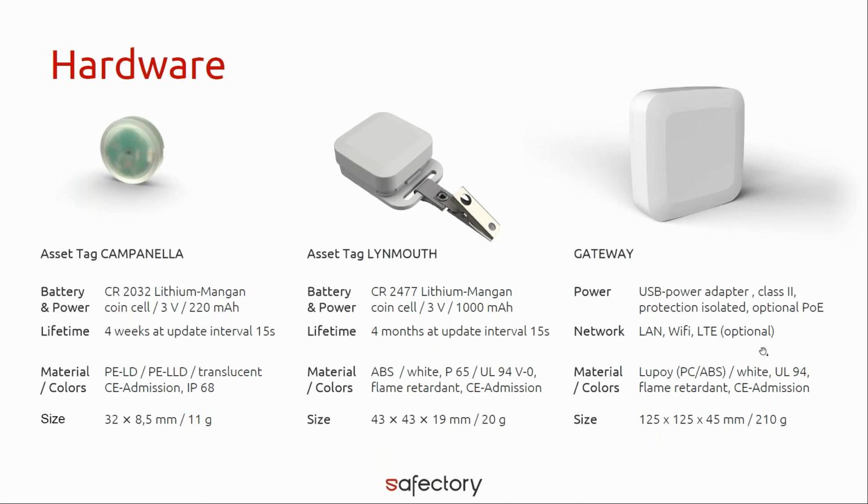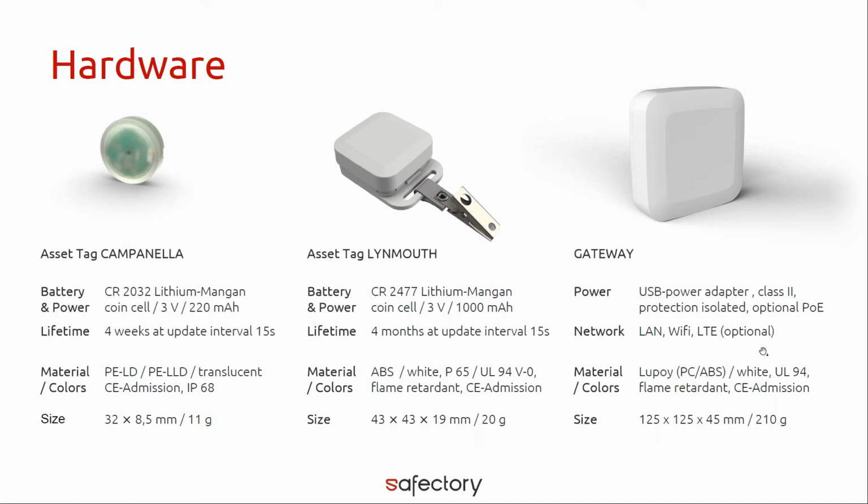The device we can see in the middle is called Linmuth, and it's a larger version of the tracking tag. It has a larger battery, which has 4 times the capacity. So it can last up to 4 months at a scanning interval of 15 seconds.